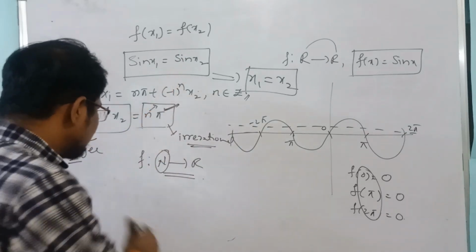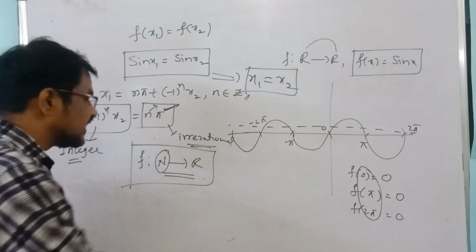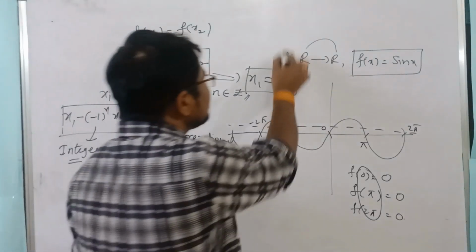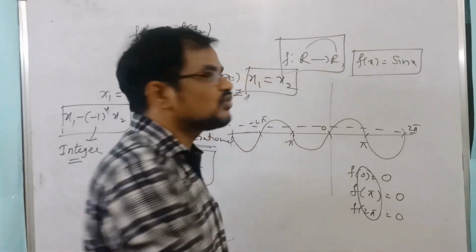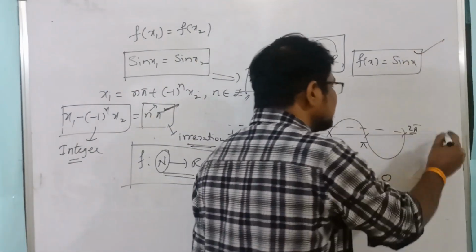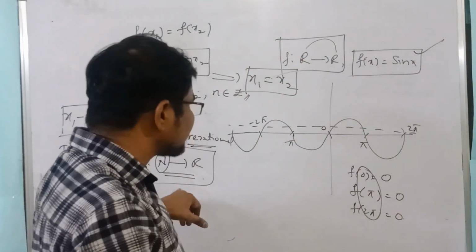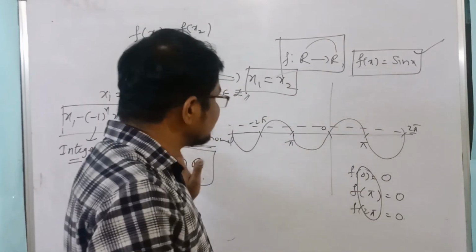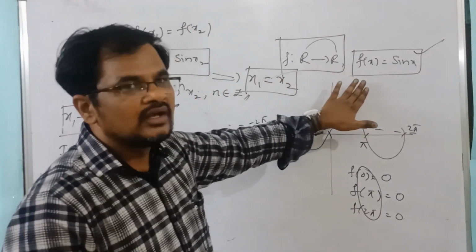Now that's why whenever f is a mapping from N to R, it is a one-one function. But whenever f is a mapping from R to R, the same function is a many-to-one function. So that is the difference between a one-one function and a many-to-one function.